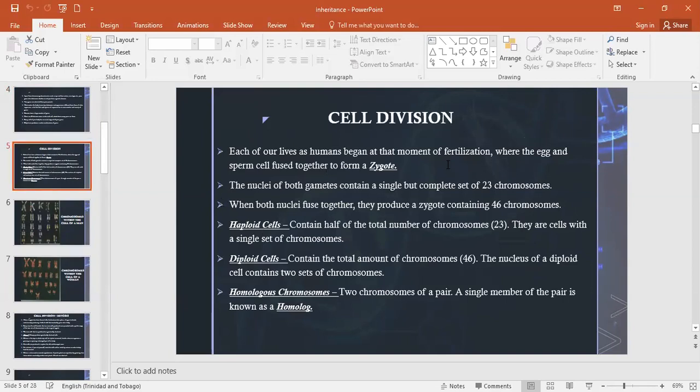We know that as soon as the sperm nucleus meets the egg nucleus, we have fertilization occurring and a zygote being formed. Remember this process that we outlined: fertilization to zygote.